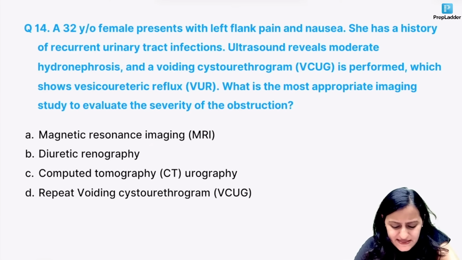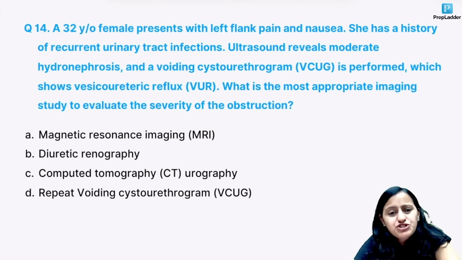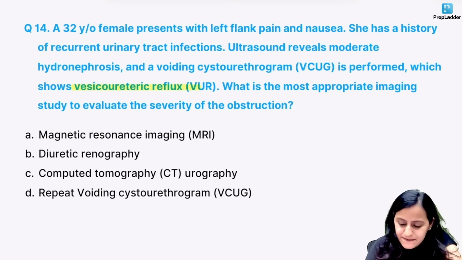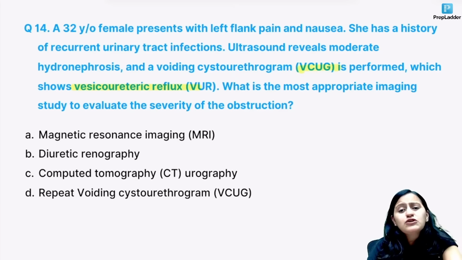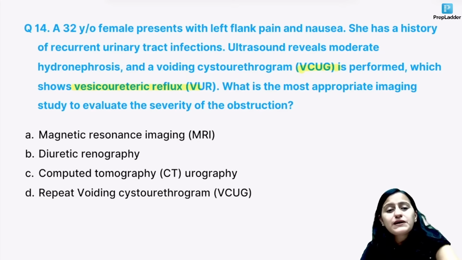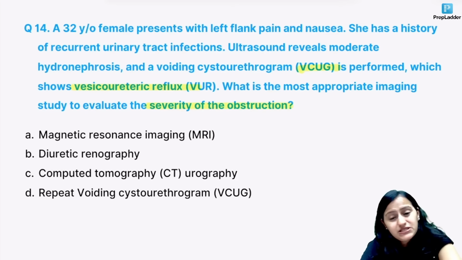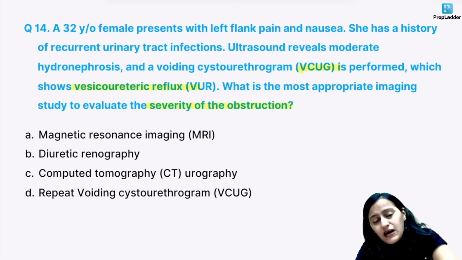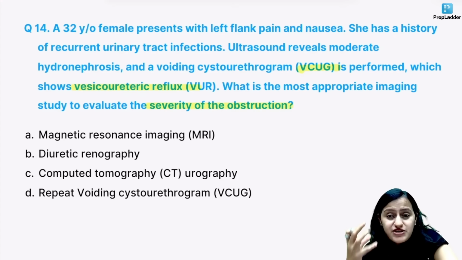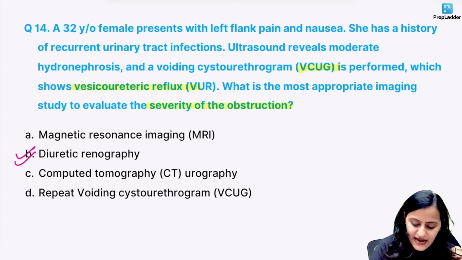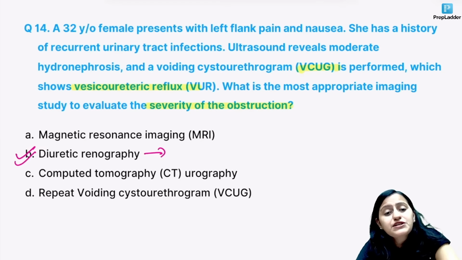Going to next one, this is a bit of a tricky question, right? So you have a patient with vesicoureteric reflux on the VCUG. Question is, what is the most appropriate imaging study to evaluate the severity of the obstruction? The patient has VUR, but the question is asking about the obstruction in the urinary tract. So for that, the best is diuretic renography, which is a nuclear scan.